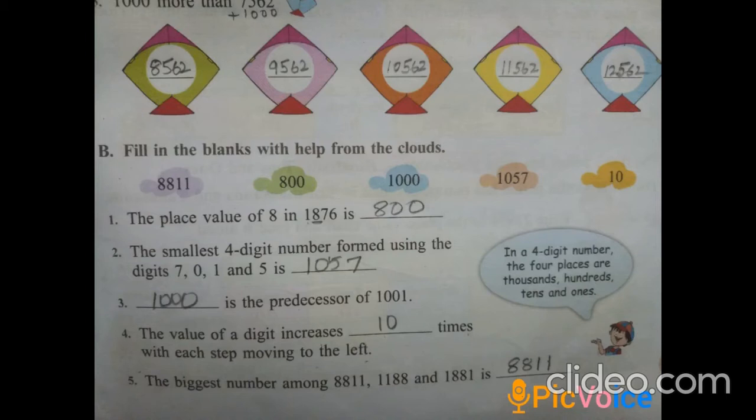Second question, the smallest 4-digit number formed using the digits 7, 0, 1 and 5 is 1057. Correct. Next, third question, dash is the predecessor of 1001. We know predecessor means the before number. So the number before 1001 is 1000.